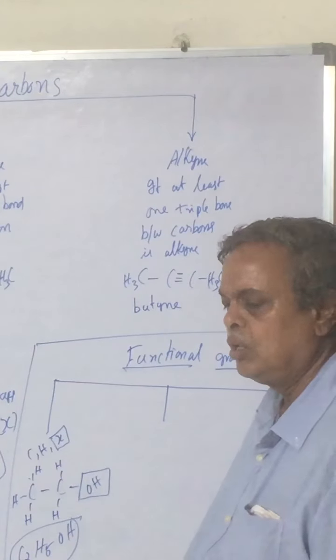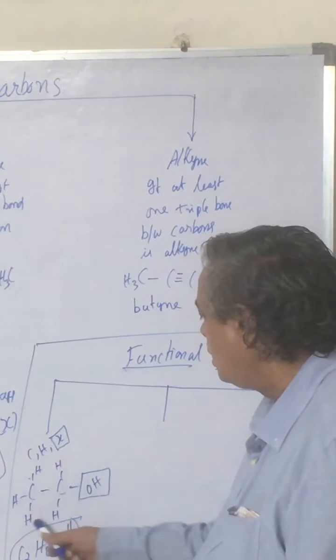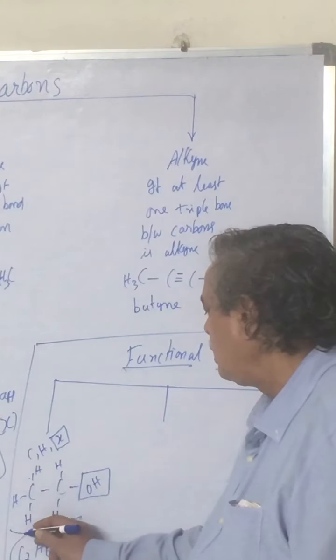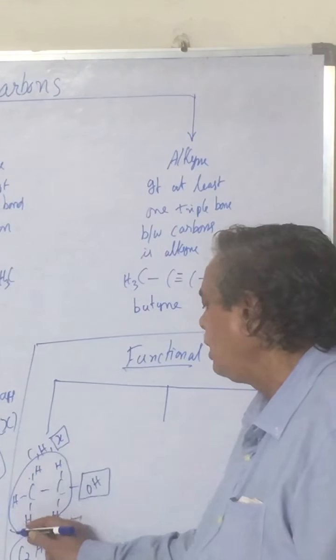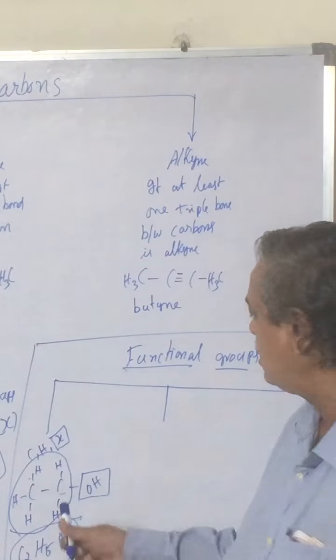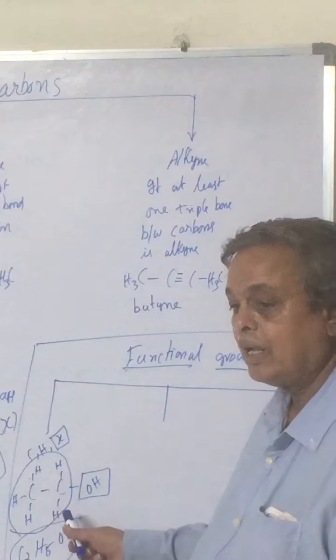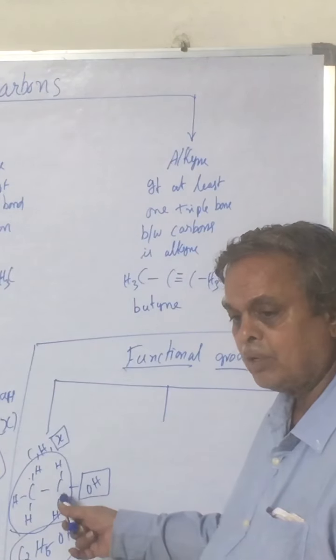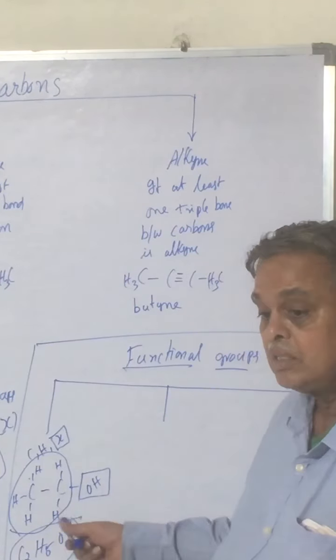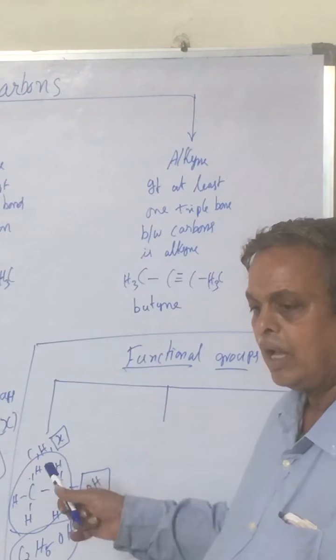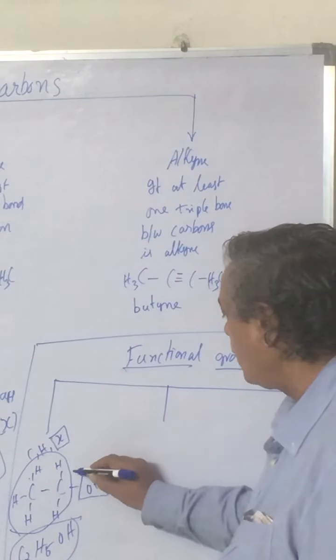What is this group called? Here we have lost one hydrogen. Alkyl group. What is this group here? Alcohol. Ethyl. This is ethyl. Alkyl group, R. This is alcohol.